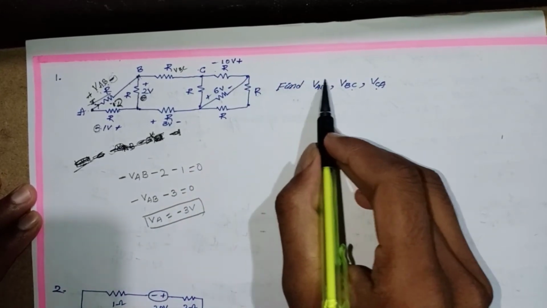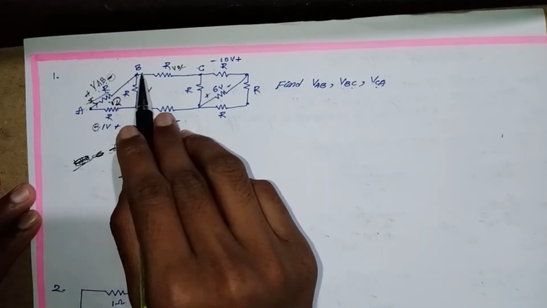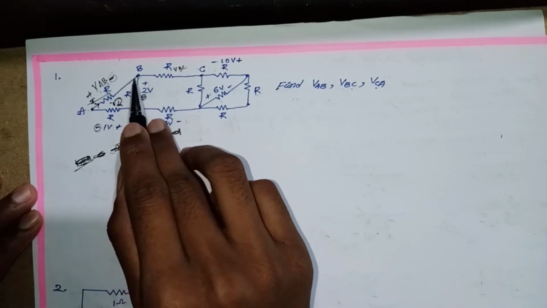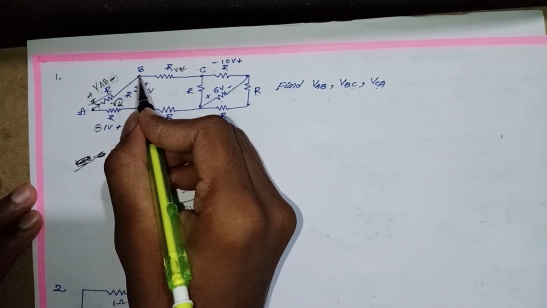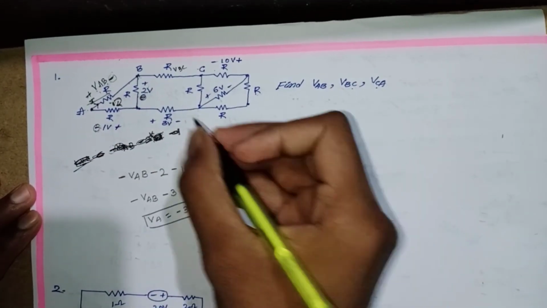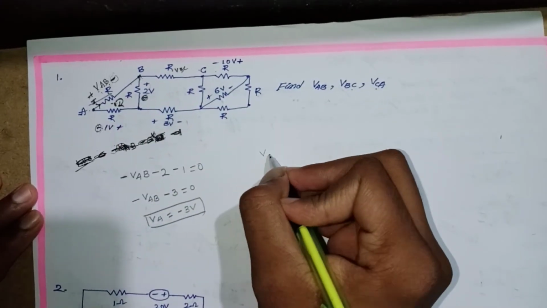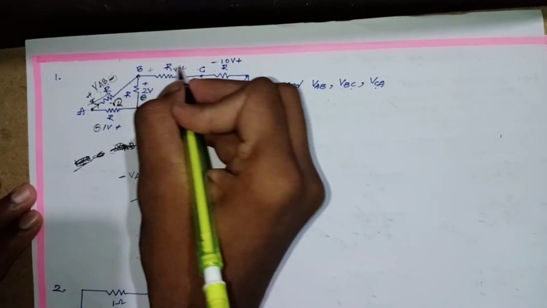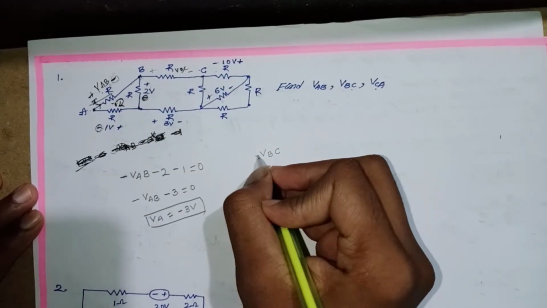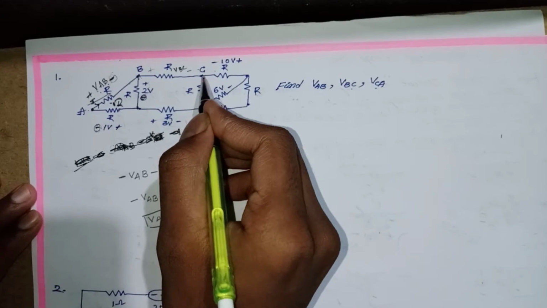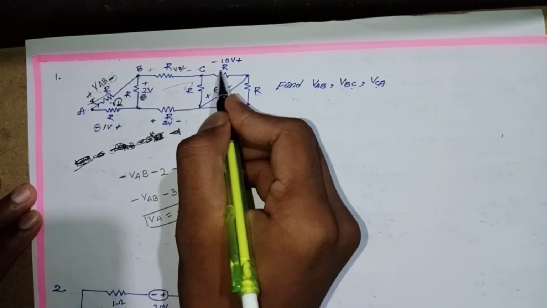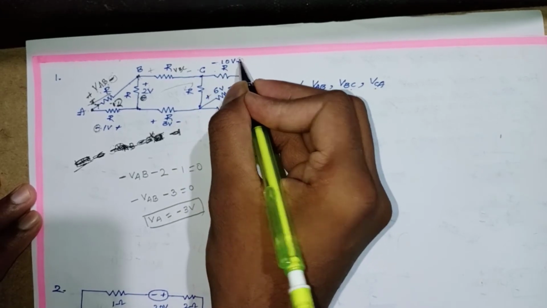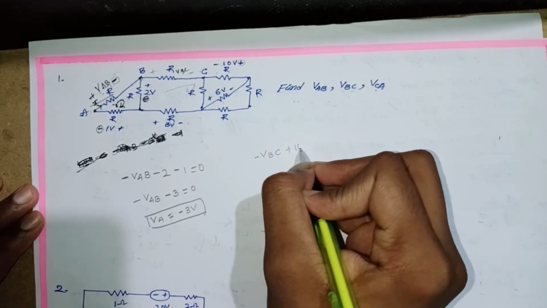Let's move on to VBC. How to calculate VBC? Apply KVL. From B to C, this is plus to minus, so put a negative sign. Then go on to this side, minus to plus, the leaving side is plus, so plus 10 volt.